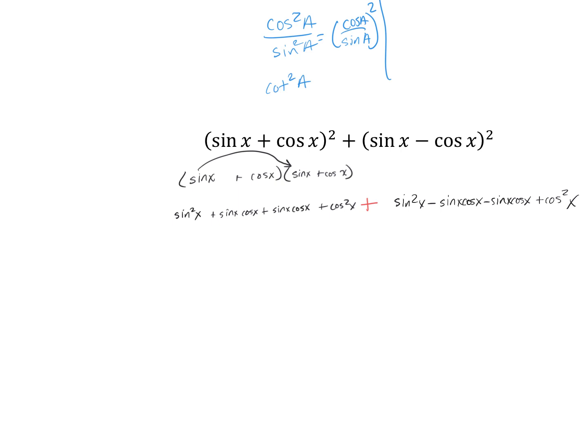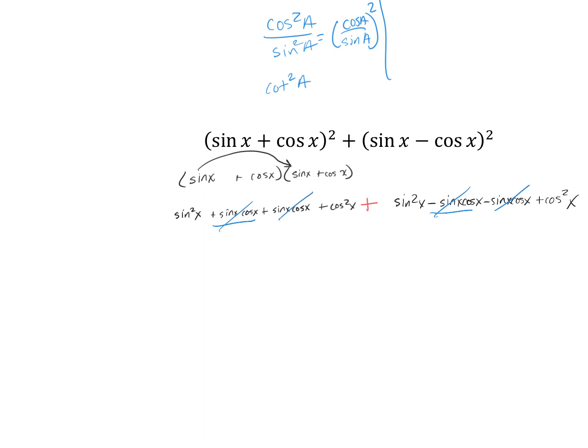So now that we've done that, anything jumping out at you? Can we combine the sine cosine x and negative sine cosine x? Yeah, if I take this sine x cosine x and the negative sine x cosine x, what's going to happen to those two expressions? They're going to cancel out. And the same thing for the second of those.